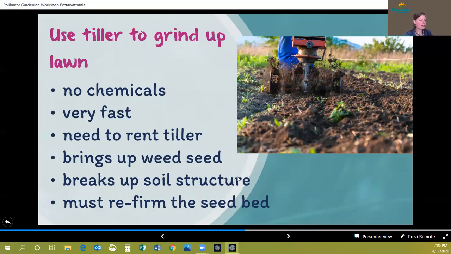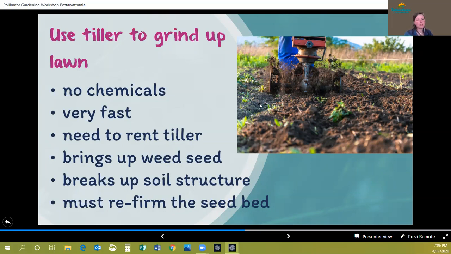If you learn about soil science, soil structure is created when the microorganisms and the earthworms are moving around and digging down there. They help create a structure, and that helps water percolate down into the soil.